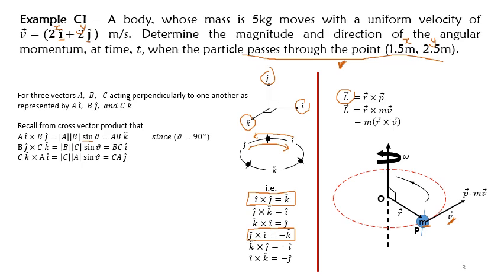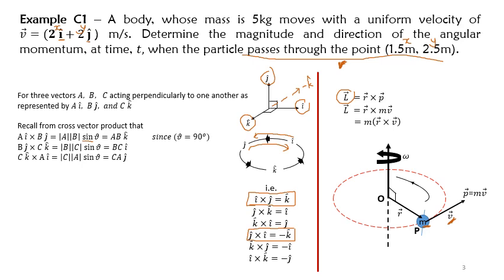Negative k direction, the opposite here. It is also perpendicular to i and j.